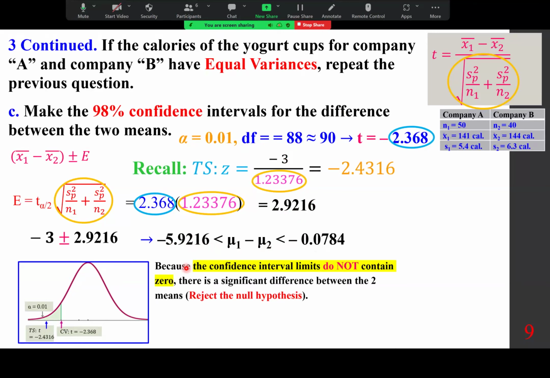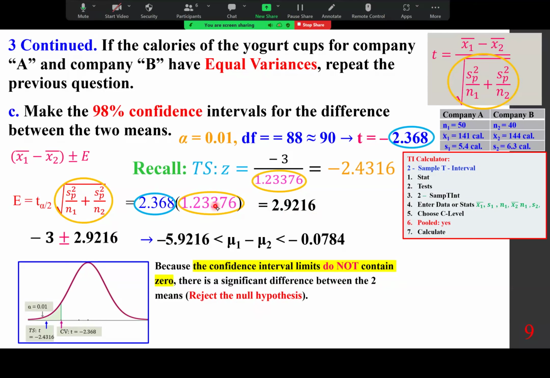So because the confidence interval limits do not contain 0, there is a significant difference between the two means. Reject the null hypothesis. As long as they have the same sign, negative or positive makes no difference. 0 is not in there.